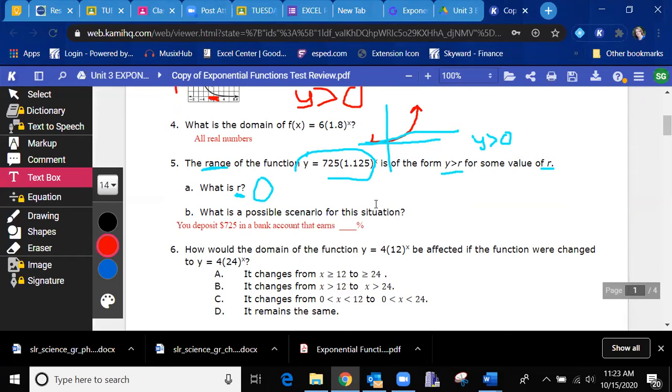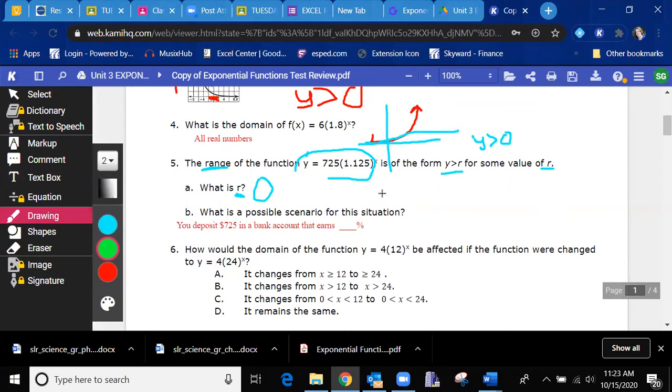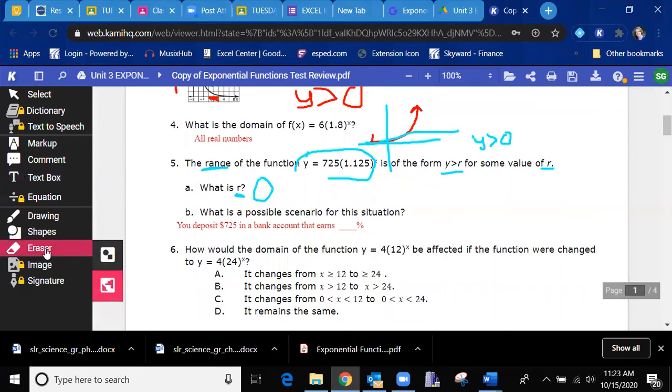You're getting closer. $12.5. But don't you move the decimal to the right 2 times? Yes, 1, 2, so 12.5.